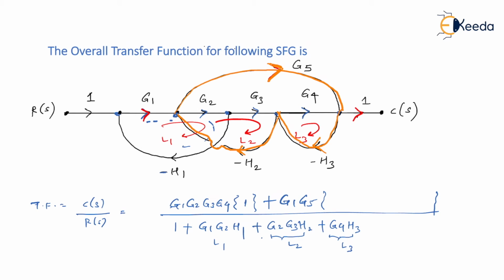So I would say this is a special loop I got, that is loop number 4. So what is loop number 4? Just check it out. It is G5 times minus H3 times minus H2. Eventually it will become positive. So L4 is equal to G5 times H2 H3. Am I right? So you got this as an extra loop here.